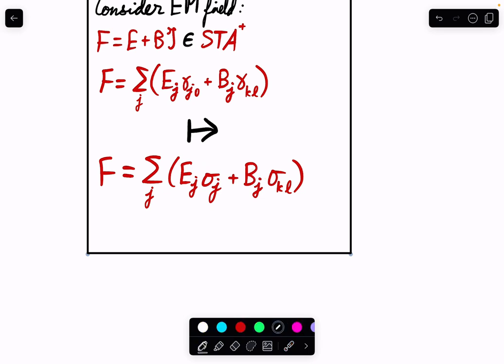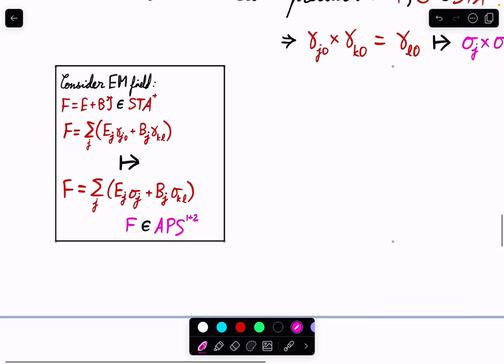So this indeed ends up with F in the APS, and specifically the 1 plus 2 because it's a biparavector. So you can see that this mapping from the space-time algebra to the algebra of physical space also makes sense.